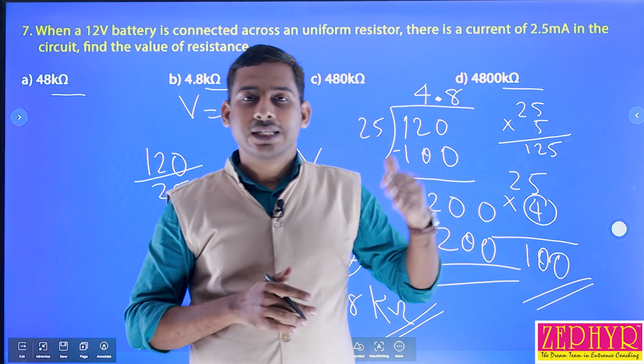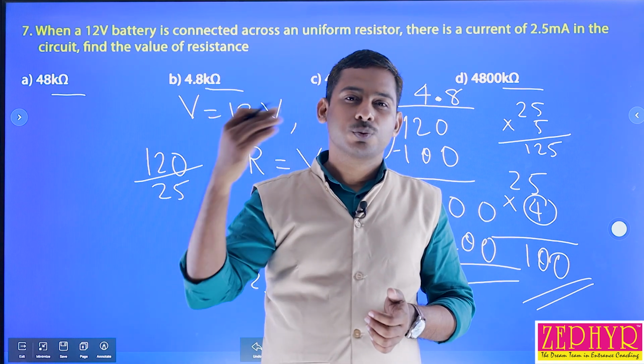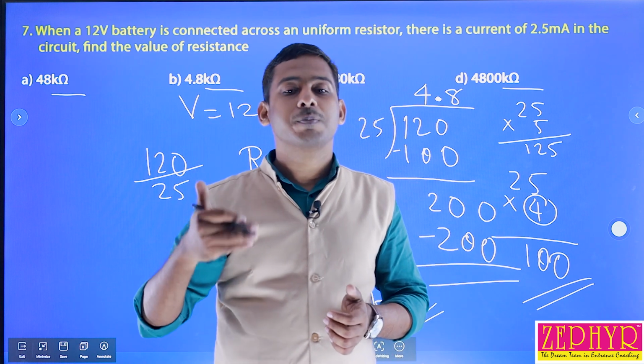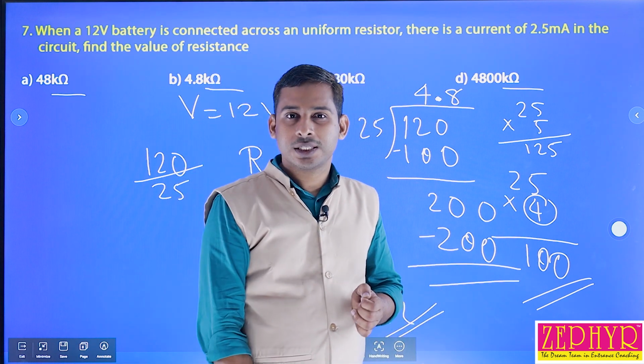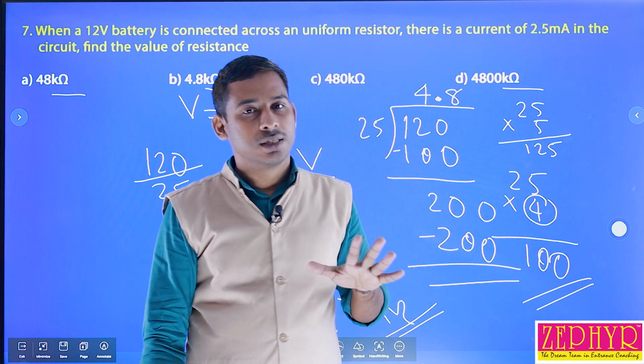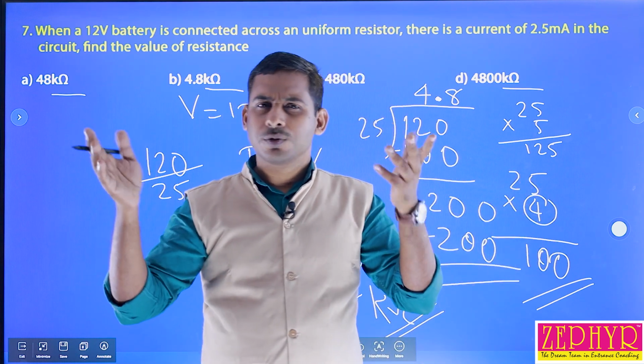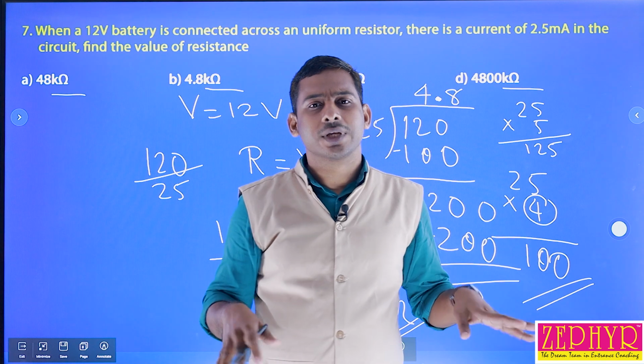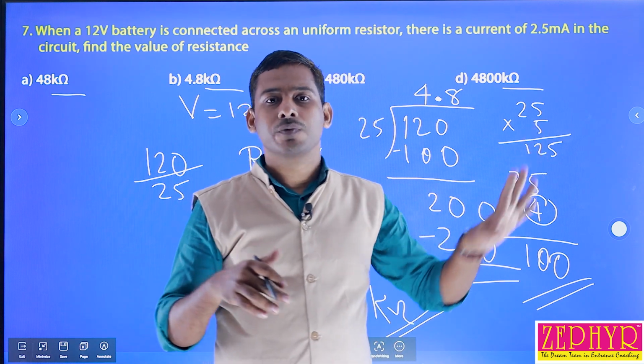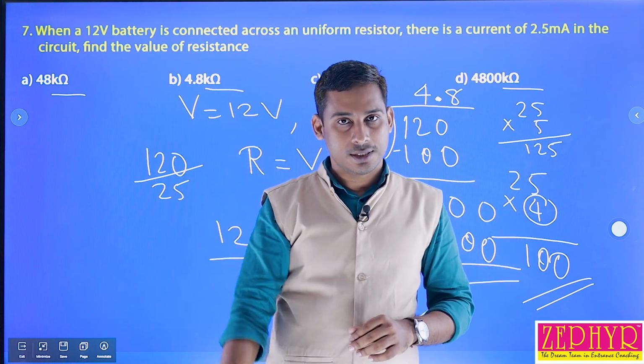So for getting easiness, you have to practice more problems daily, then only you will get the easiness. That means when we see the question, within seconds we can say the answer, this option will go, this option will go, very easily we can say that.